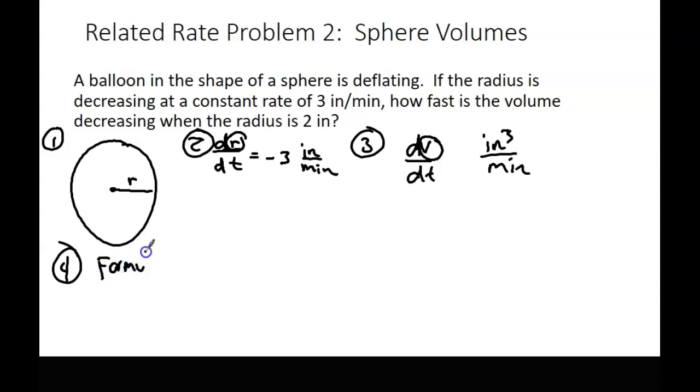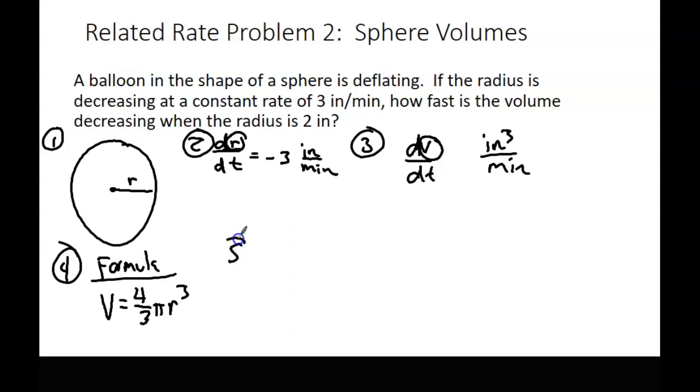You got a little list of formulas there. What do you think, Thea? Cool. There we go. That connects volume and radius, right?